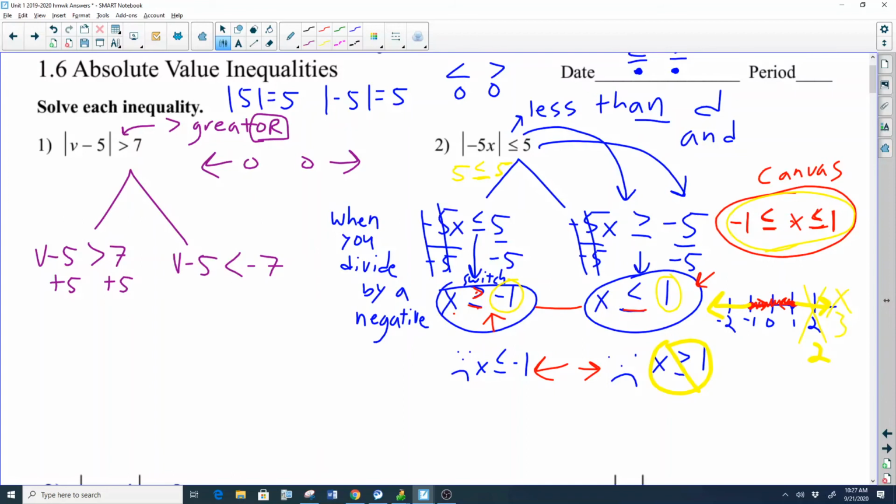Man, that weed whacking is loud out there. Okay, so we're going to add 5 to the other side. So we have v is greater than 12, because we just added 5. Notice this time we did not switch the inequality sign, because we didn't divide by a negative.